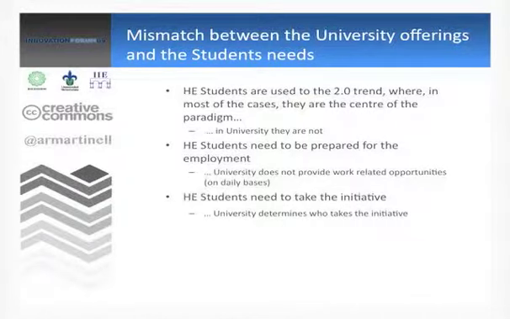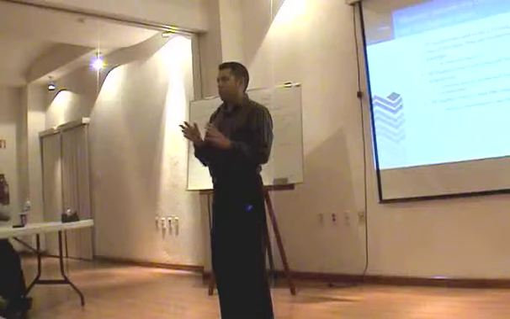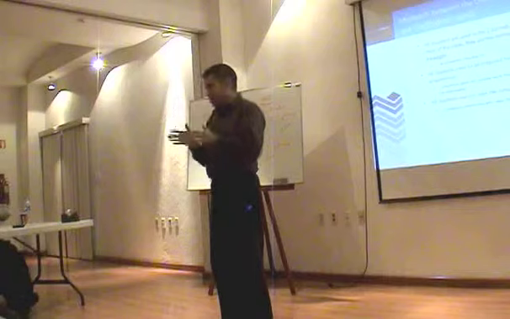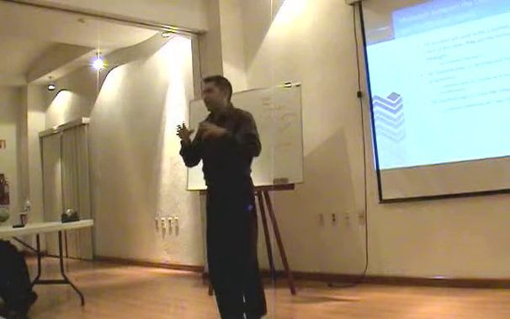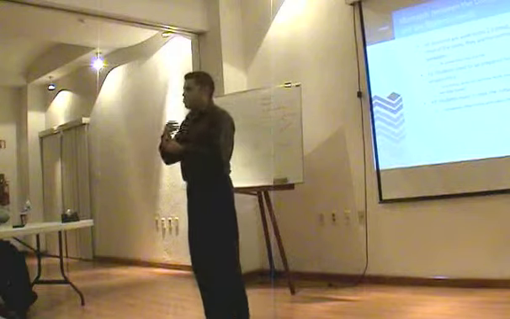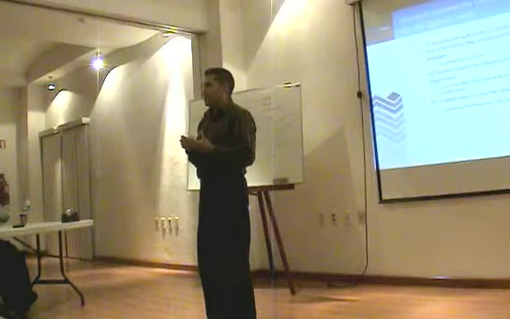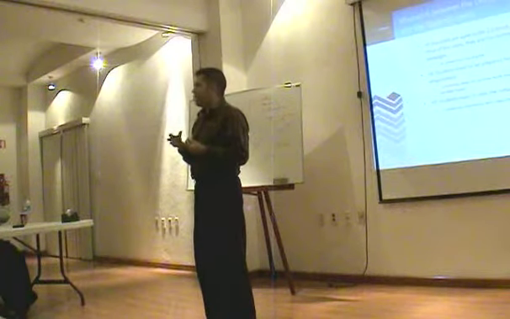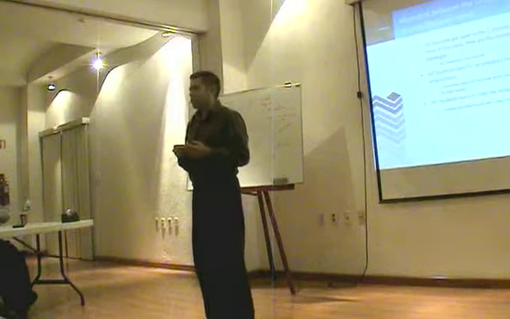The way students see technology and the way higher education institutions see technology has to be reoriented. Higher education is not used to the 2.0 trend. What does 2.0 mean? The student is in the director's seat. The students are the center of their universe, and everything spins around them, and gives them some added value or some support.